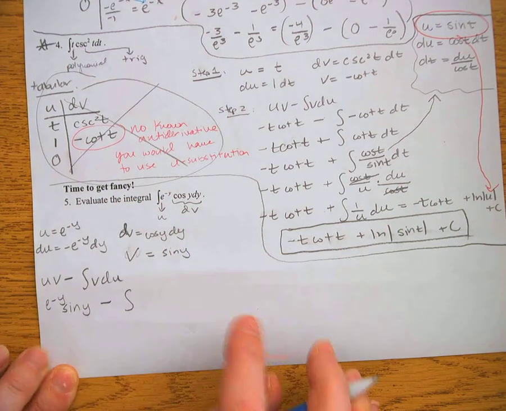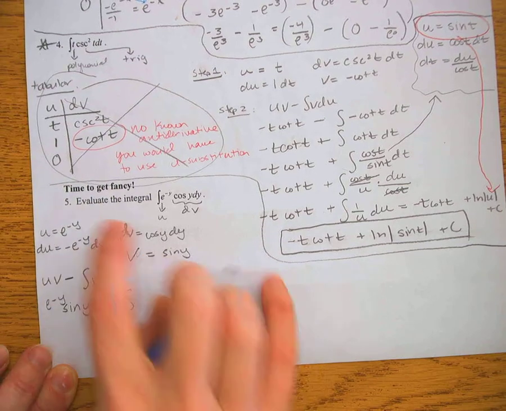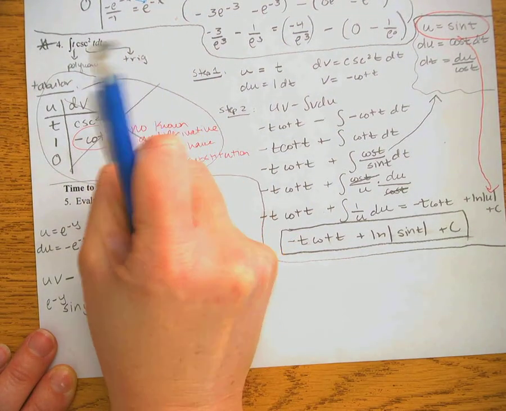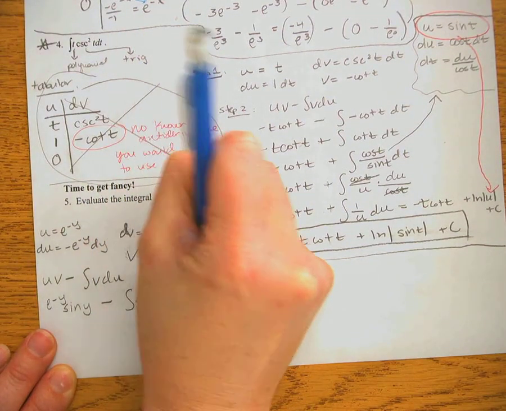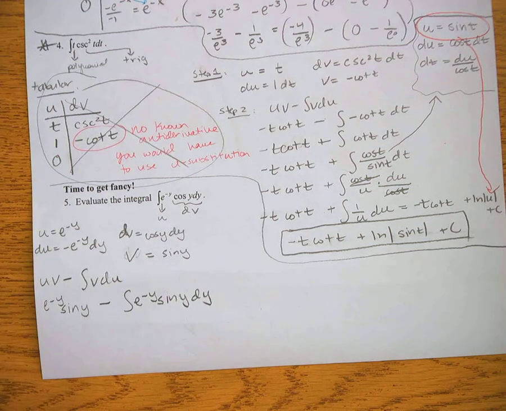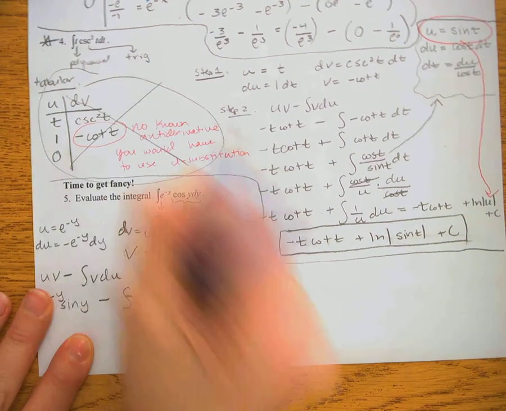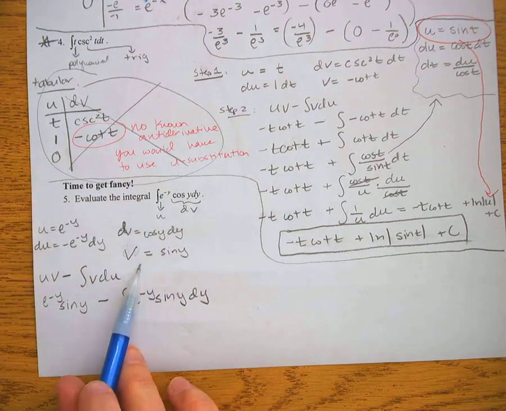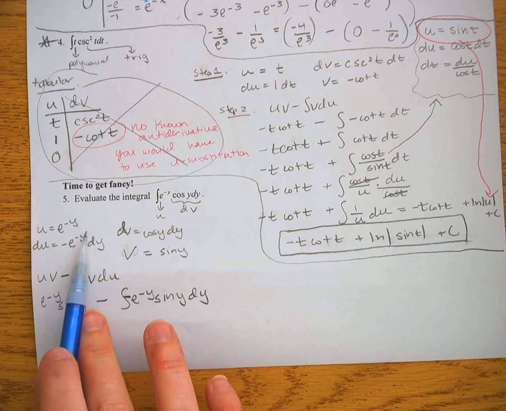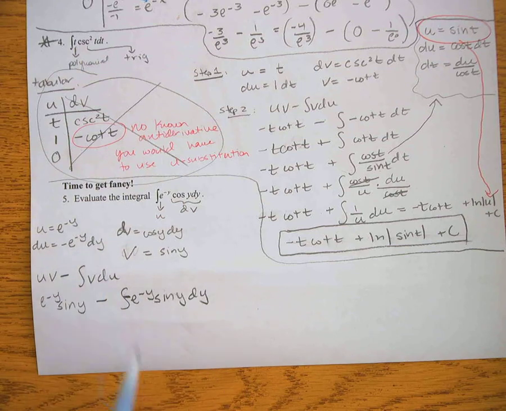I apologize for that. So the integral of v du. So this should be e to the negative y sine y dy. Okay, oh wait, v du, so this should be negative. So it's v du, so it's negative e to the negative y times sine y and then dy.